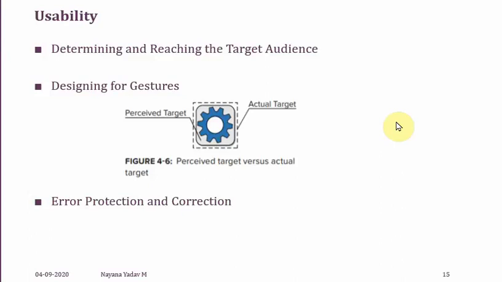So the first thing under usability is that we must know who our audience is, how they are going to use it, and what they want from our application. If you identify these things, you can build the application with this usability feature.